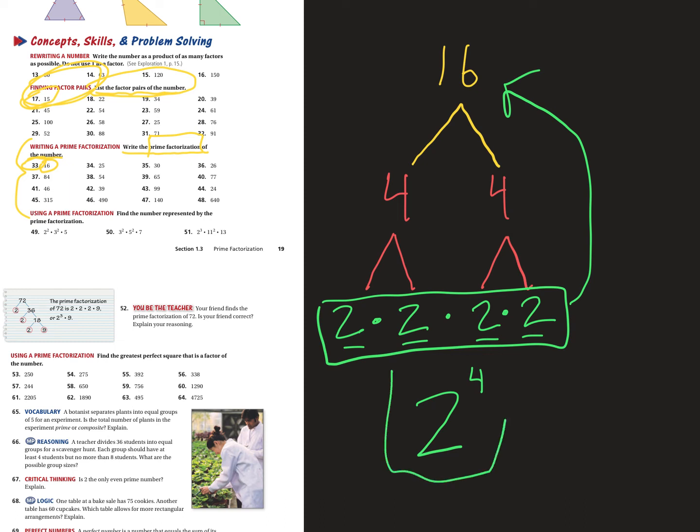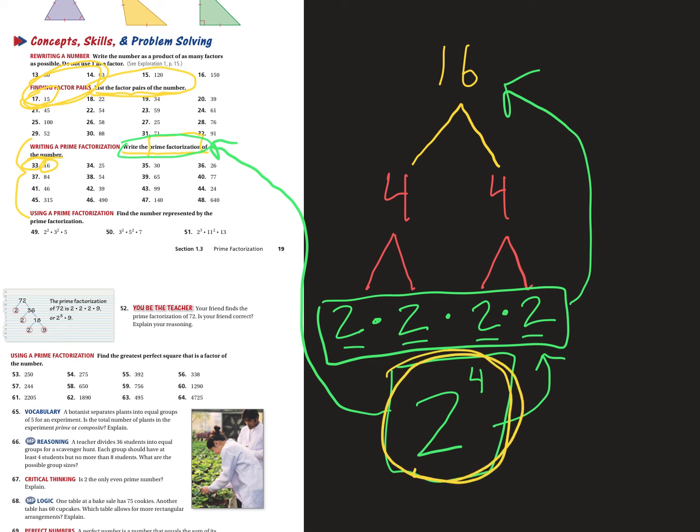So this is a more accurate way of writing all of that. When you can, use exponents in your final answer when you are writing the prime factorization of a number. So this is the answer here. This 2 to the power of 4 would be the answer to number 33.